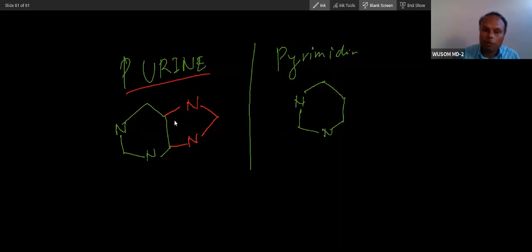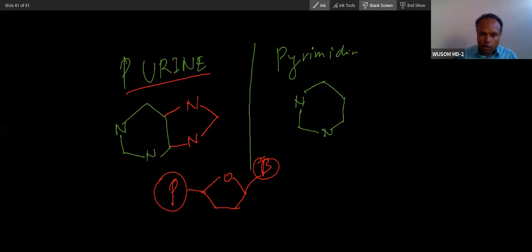So this is the base actually, and the nucleotide is made up of pentose sugar, then the base, and here the phosphate. Different nucleotides differ in their base. So when we study the synthesis, first we will talk about the structure.